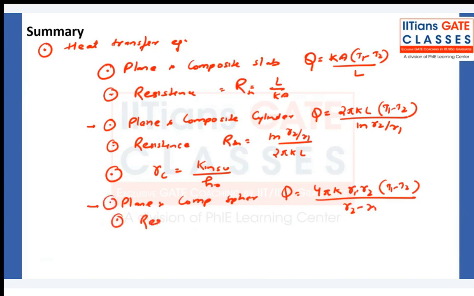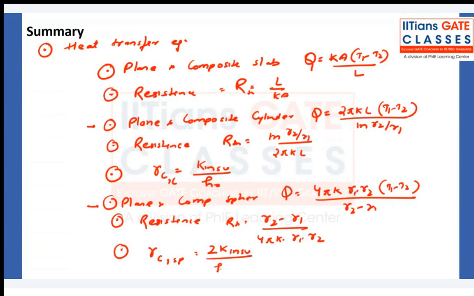Resistance is (R2 minus R1) upon 4 pi K R1 R2, and critical radius of sphere, this was for cylinder, equals 2K of insulation upon h naught. This is what we have talked about today.